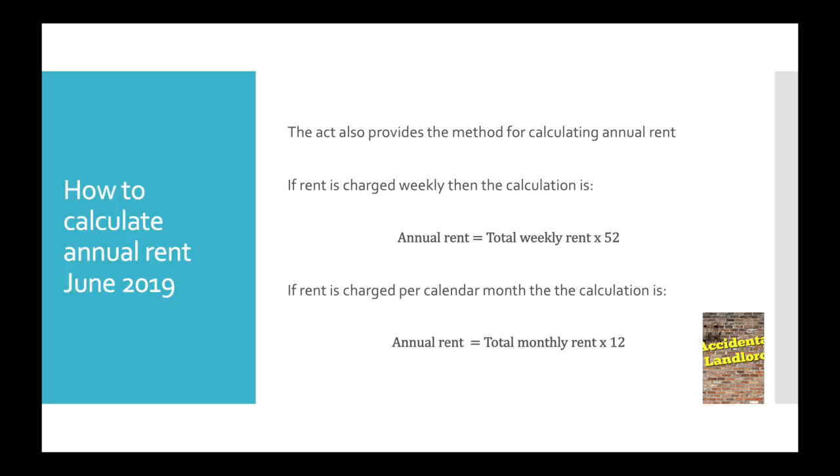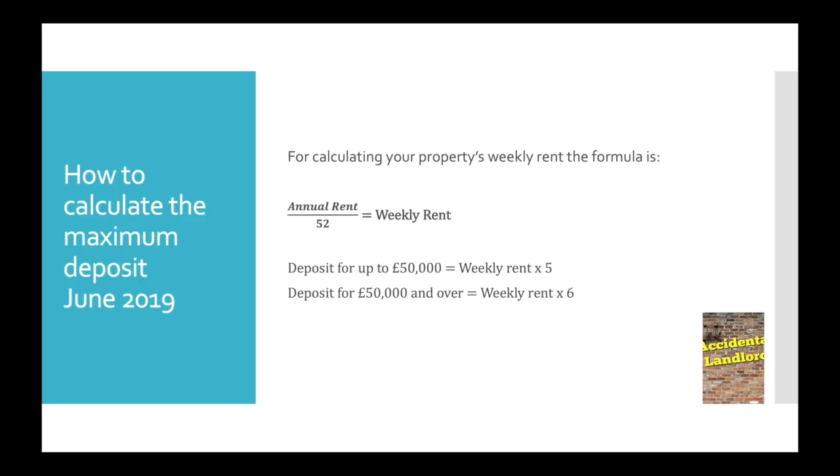So annual rent is calculated either by the weekly rent times 52, or if you charge per calendar month, it's the monthly rent times 12. There is no other calculation. They are the two calculations. And for calculating the property's weekly rent, the formula is annual rent divided by 52 weeks gives you weekly rent. Okay, so that's the calculation.